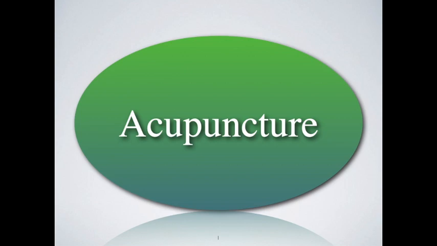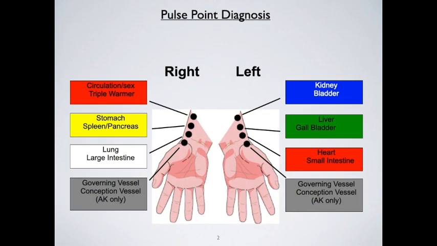initially through the pulse points on the wrist, which those of you who are acupuncturists are very familiar with. Now, Dr. Goodhart did add the 4th pulse point that relates to the governing vessel and the conception vessel.